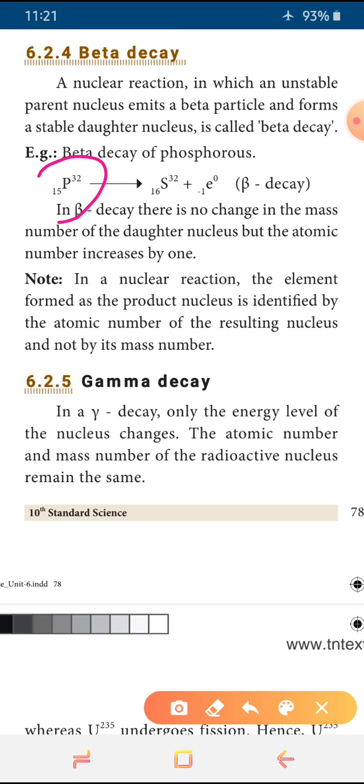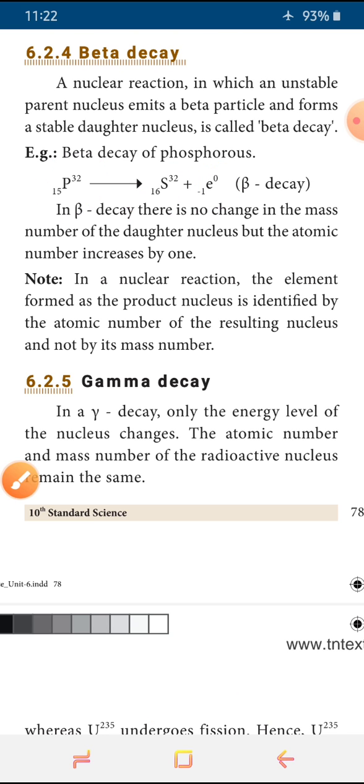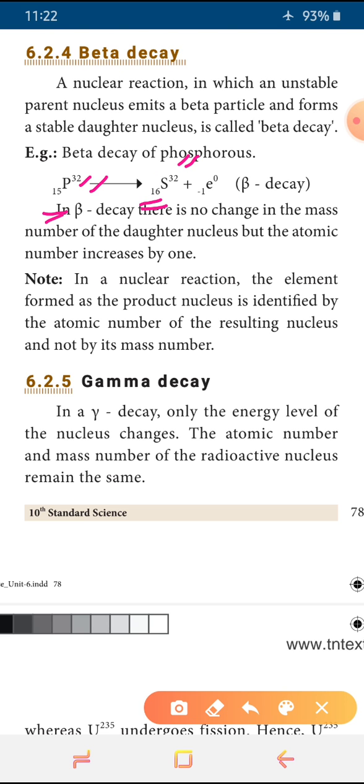Phosphorus-32 is the unstable parent nucleus, and it converts to sulfur after emitting a beta particle. The atomic number 15 gains 1, and the mass number stays the same; the beta particle is 0 and minus 1.